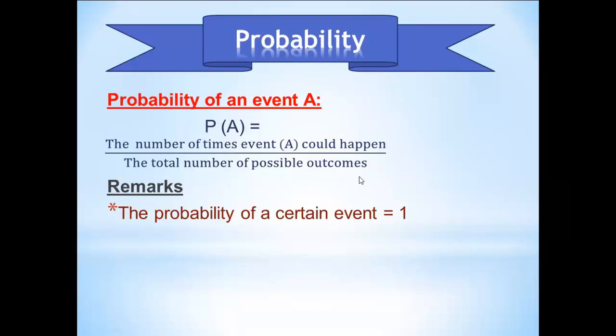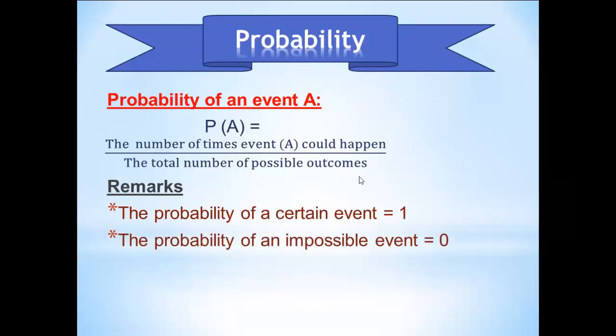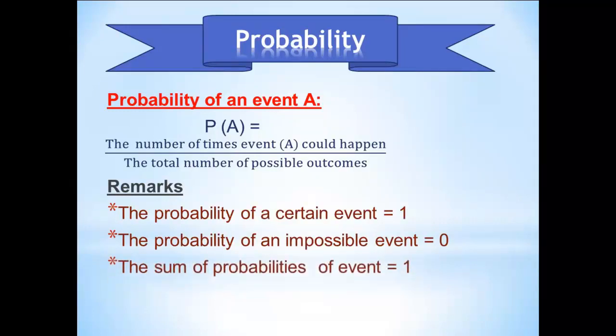So the probability of a certain event is 1. But what's the probability of an impossible event, that the sun rises from the west? 0. Excellent. But we must know that the sum of the probabilities of all events equals 1, and I'll discuss this point in the following exercise, okay?